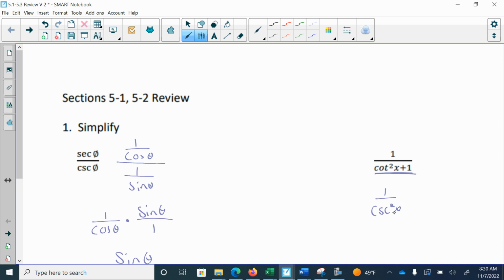And then the reciprocal of cosecant is sine, so the final answer is sine squared x. If you know those identities, you make your life a whole heck of a lot easier. If not, you're going to have to change that cotangent to cosine over sine, find a common denominator, keep the 1 in place, change the division to multiplication, and flip it. So knowing those identities is key.